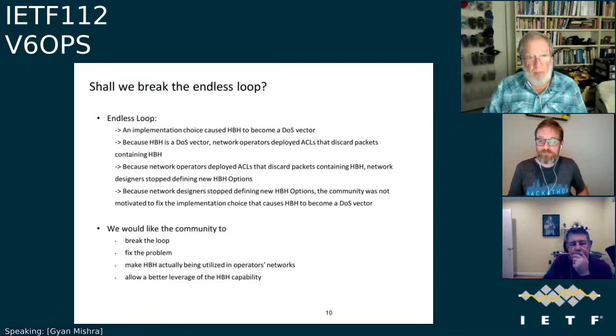Fix the problem, so the problem exists, and then try to make HBH viable with processing and feasible solutions, such as I mentioned, Bob Hinden's draft with the limit on the number of HBH options, and other solutions that may be out there, making HBH options a viable solution that can be utilized by operators in their toolbox, and allow better leverage of the HBH capability. Next slide.